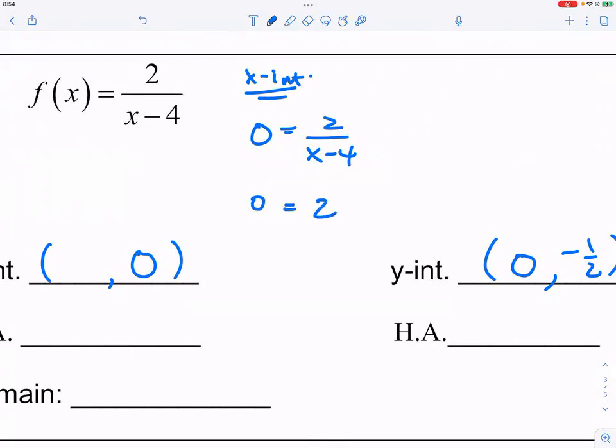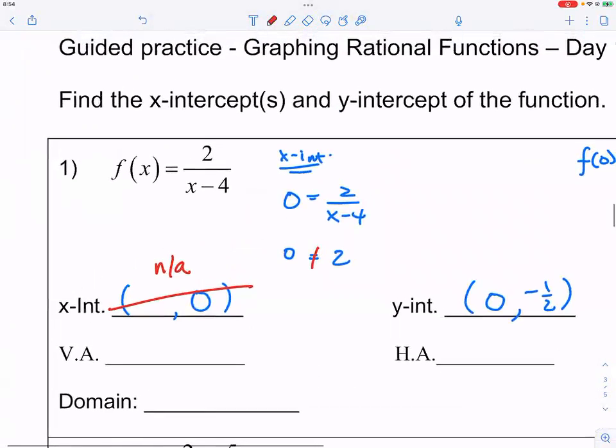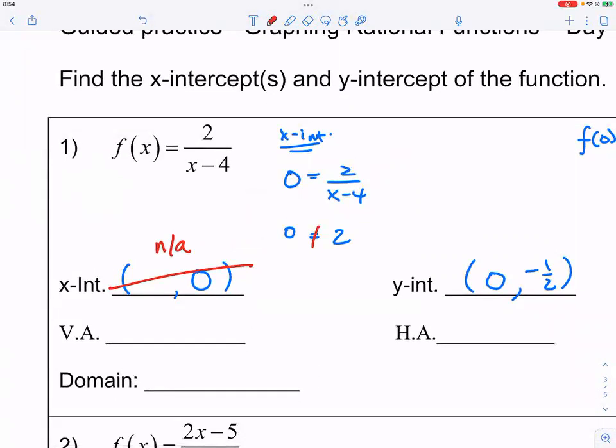Well, can 0 equal 2? No. Nope. So we say, whoop, too bad. We actually don't have an x-intercept because 0 can never be 2. You can just cross it out so that you can tell yourself it is not possible to have an x-intercept because the numerator can never be 0.